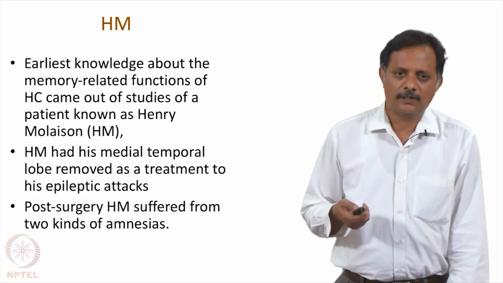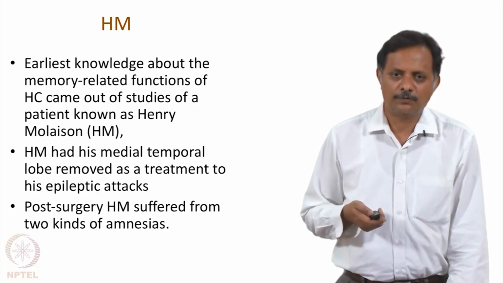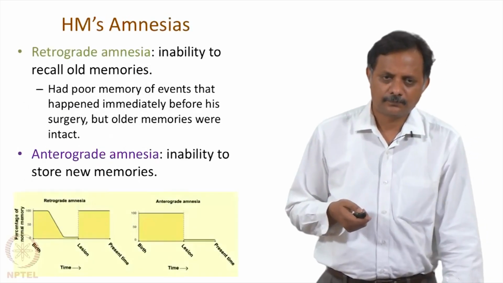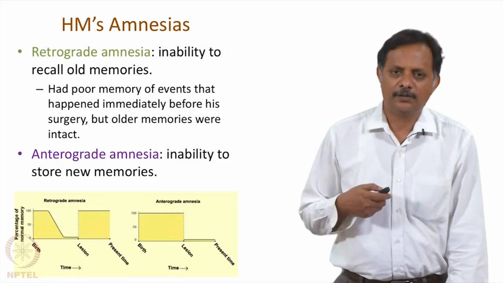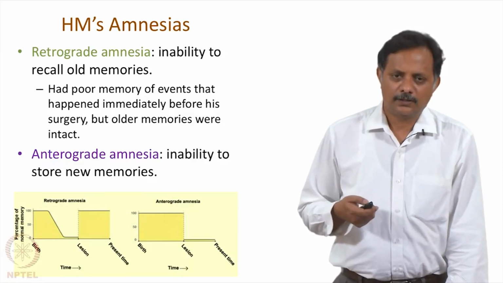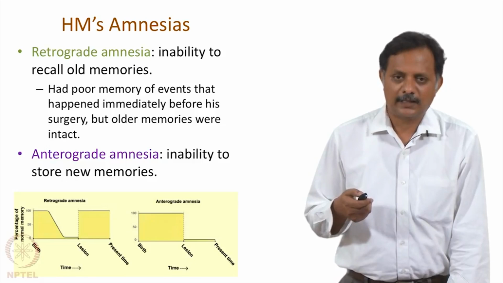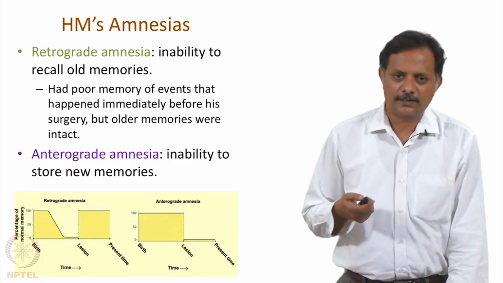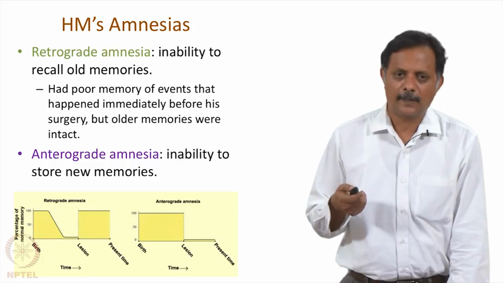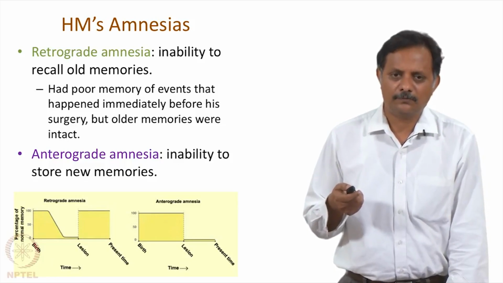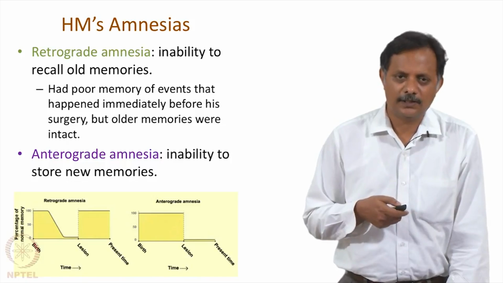So, his medial temporal lobe was removed, and after that HM suffered from two kinds of amnesias. One of them is retrograde amnesia, which refers to the inability to recall old memories. In this picture you see the time at which a lesion, or in this case surgery, has occurred, and retrograde amnesia refers to loss of memories from the time before the lesion or surgery.